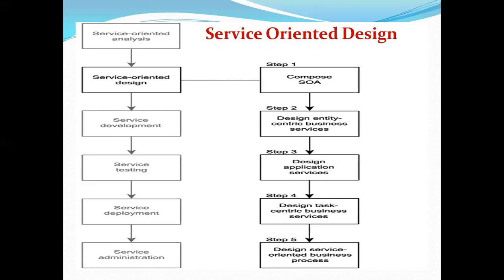And after the diagram, the next step is what? Service-oriented design. In service-oriented design, the first step is to compose SOA. Composing SOA is nothing but identifying the services, identifying the operations, and these operations are combined, composed in one particular service.